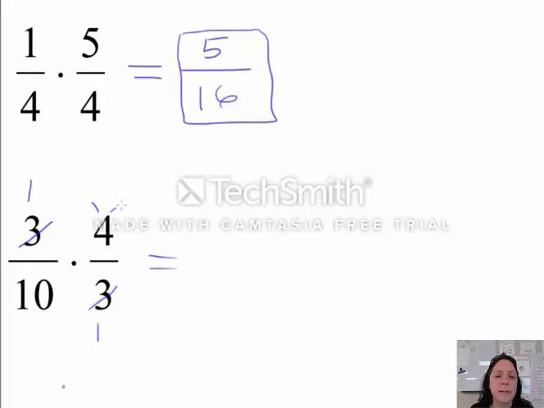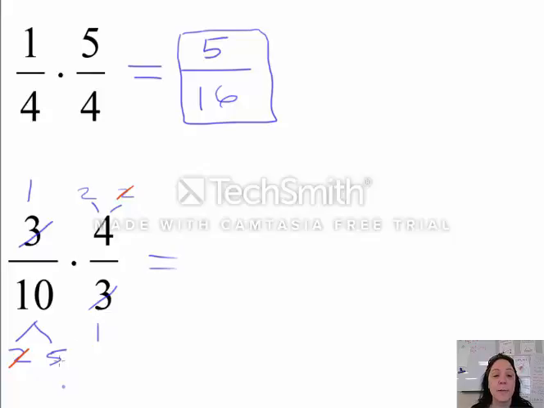So I can look at the factors of 4, which are 2 and 2, and the factors of 10, which are 2 and 5, and I can apply even more strategy because now I can cancel one of these factors of 2 with one of these factors of 2.